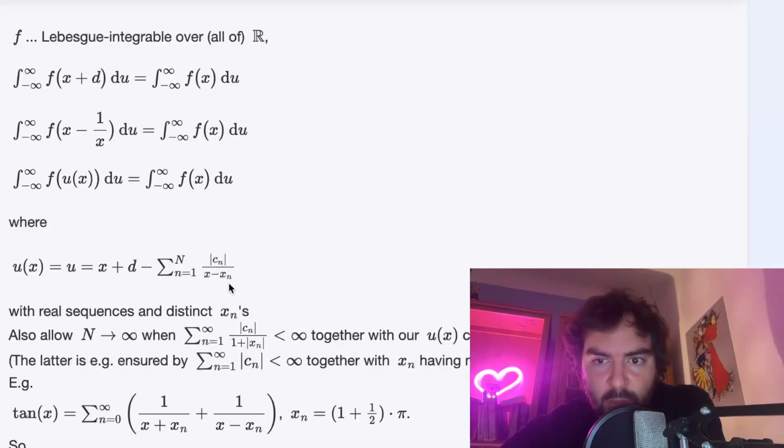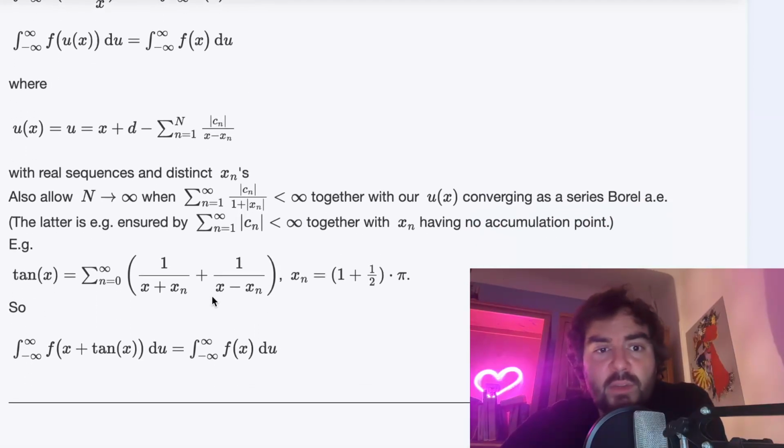I hope this is not too small to read, but this is basically x plus an offset that we already had, minus a sum over fractions where you have a positive number, any positive real, in the numerator, and then x minus some zero position x_n, and you sum up a finite number of those. These are distinct points on the real line, and the claim is that the integral does not even depend on all these numbers. They are just kicked out, and the integral value stays the same.